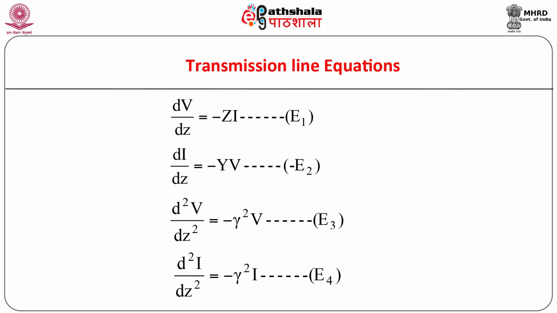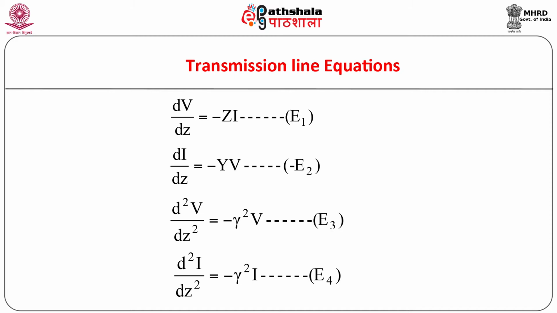On similar lines, we can transform the remaining 3 equations, namely equations 3, 4 and 5, into phasor form. Thus finally, assuming that the signal travels from generator to load along the transmission line in the z direction, we can derive the frequency domain transmission line equations in phasor form as shown, namely E1, E2, E3 and E4.